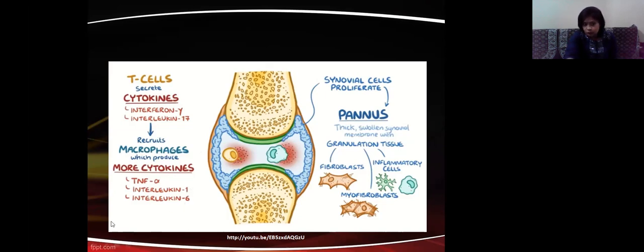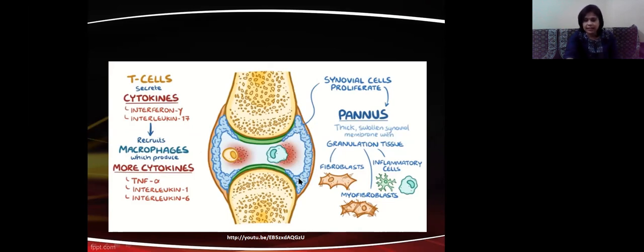So these cytokines, along with T cell cytokines, will proliferate the synovial membrane, the synovial cells. So here synovial cells will be proliferated.